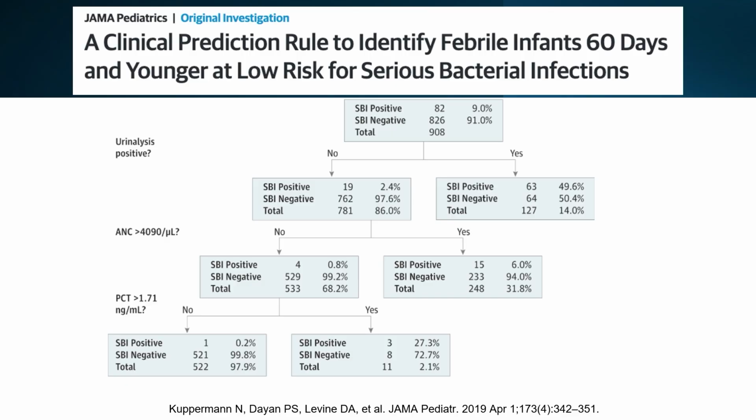Arguably still high-ish risk. And then we have a new biomarker called procalcitonin, not really new, but new to many of us, that if that's low, you can define a leaf, at least in this study, with these assumptions, with a rate of 0.2% of serious bacterial illnesses.